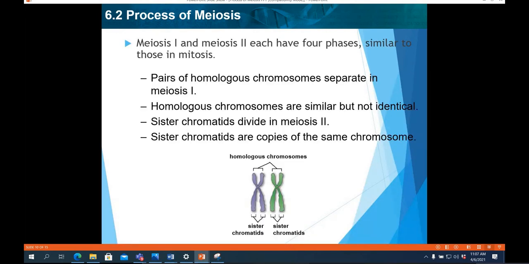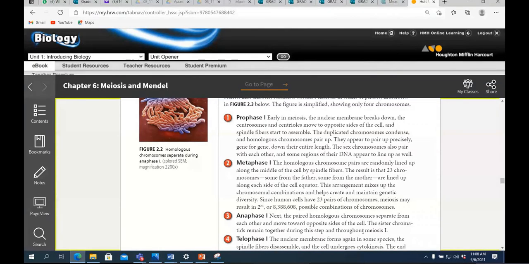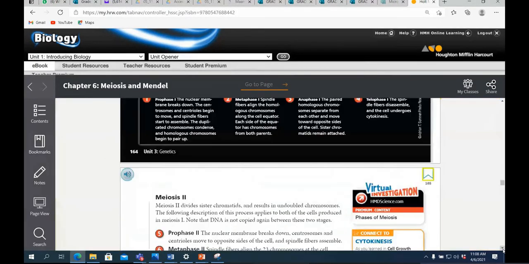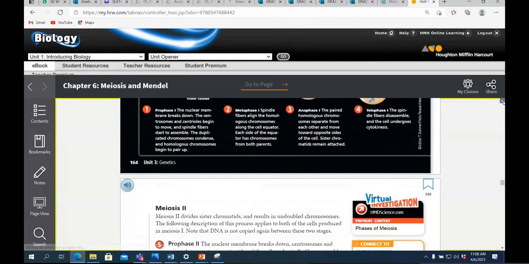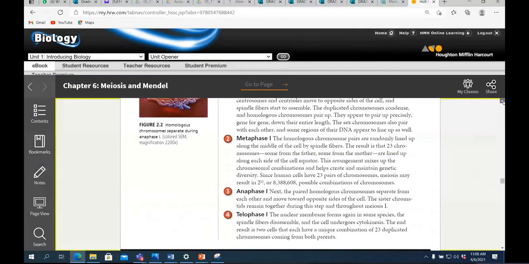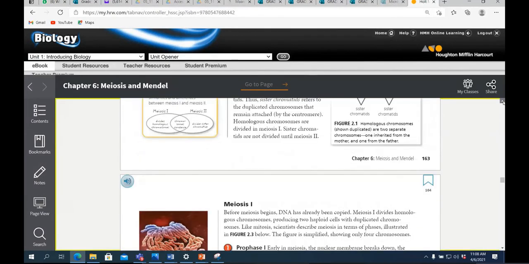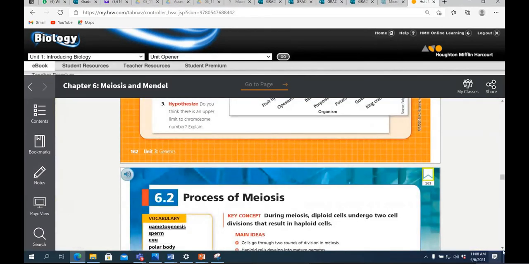Let me also explain from the textbook. Any doubts or questions so far, ladies? Is it clear? Yes, what are the centrosomes and centrioles? Okay. Give me a moment.